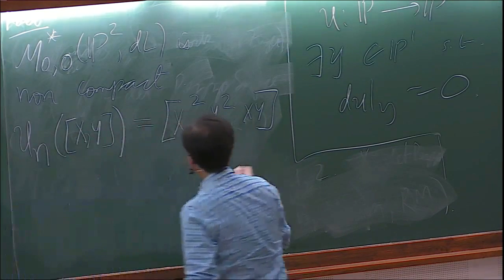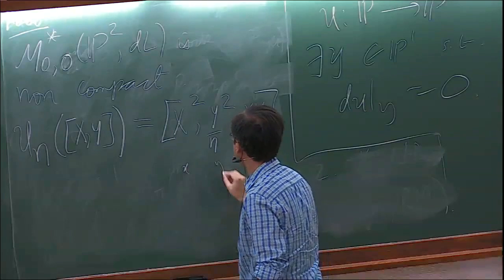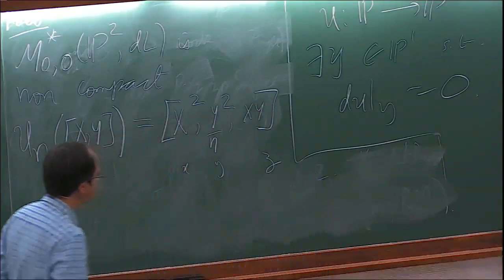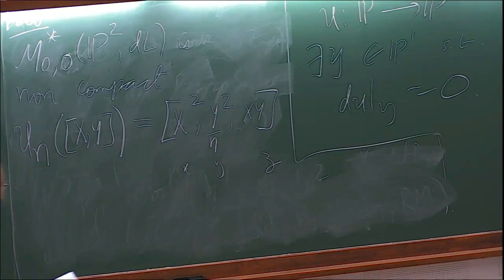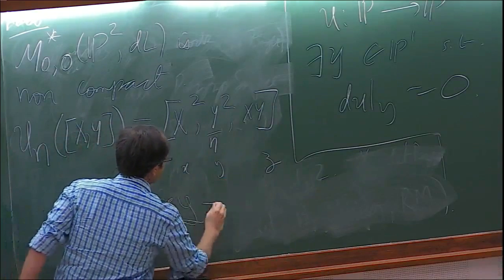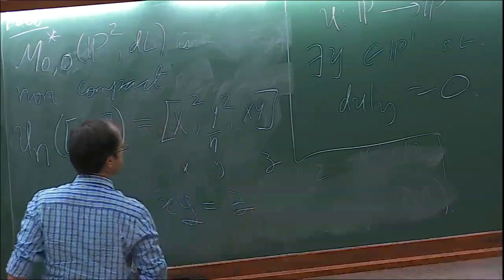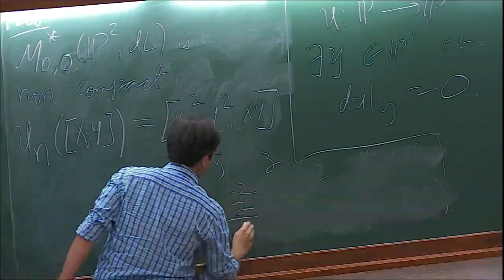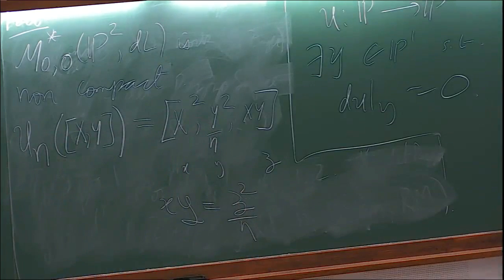So let us say the coordinates in P2 are little x, little y, and little z. So you can rewrite this as saying that this defines the curve x times y is equal to z squared divided by n. Now what happens when n goes to infinity?